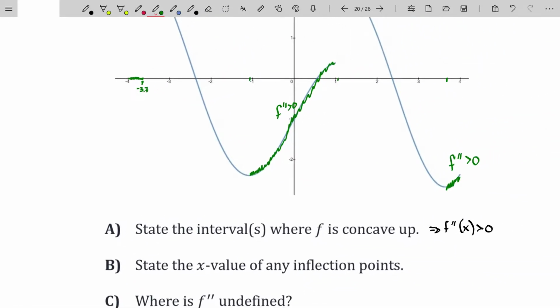Now, just like intervals of increase and decrease, intervals of concavity will never include endpoints. So the function is concave up when x is between -4 and roughly -3.7.